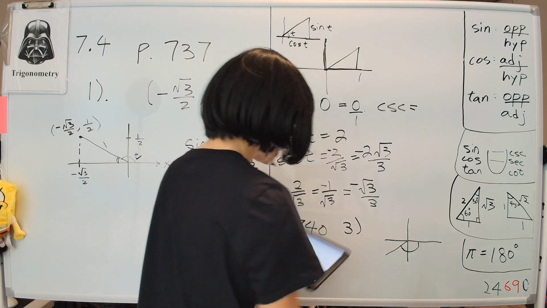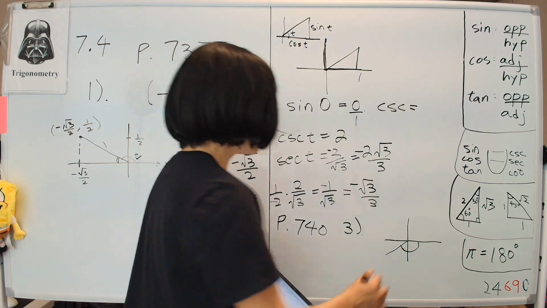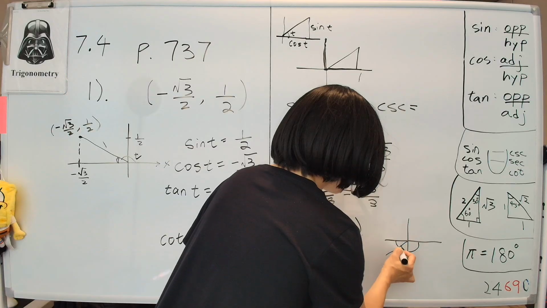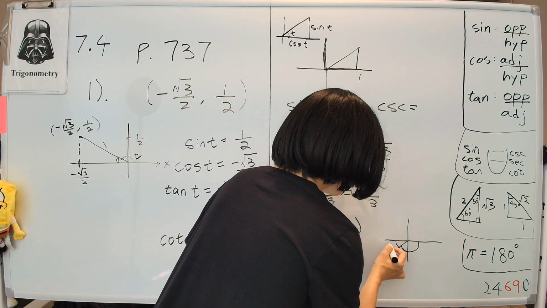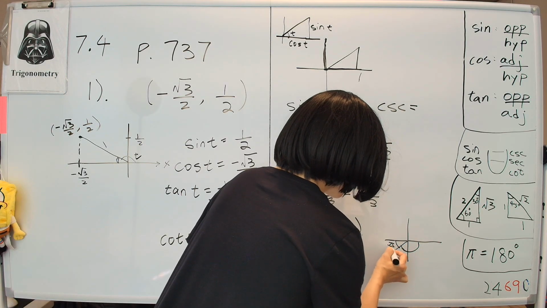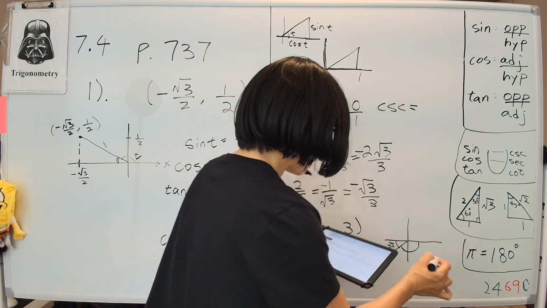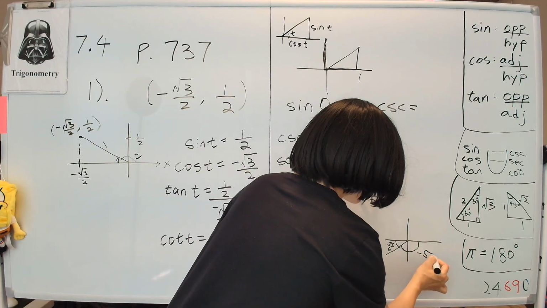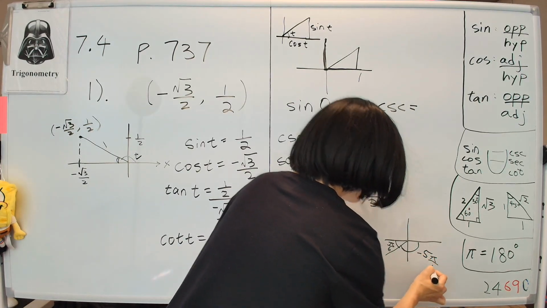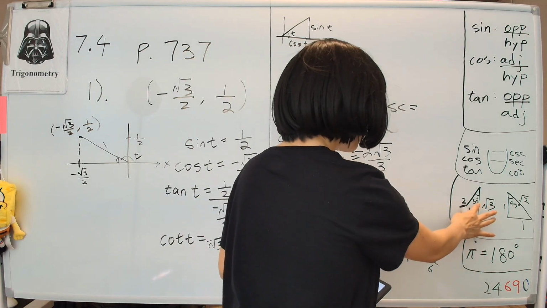How much is it missing? It's missing 1/6 pi, that is 30 degrees. So this angle is pi over 6 right here, and then this angle would be negative 5 pi over 6.